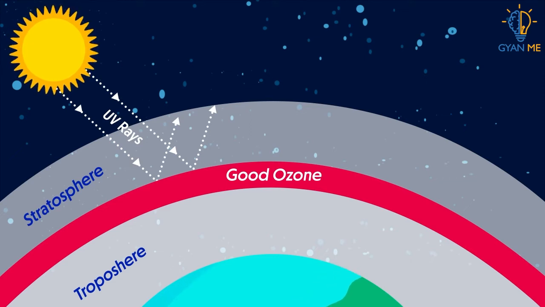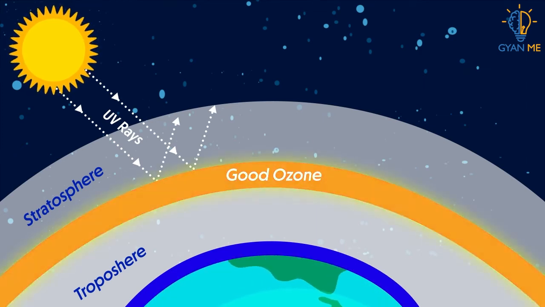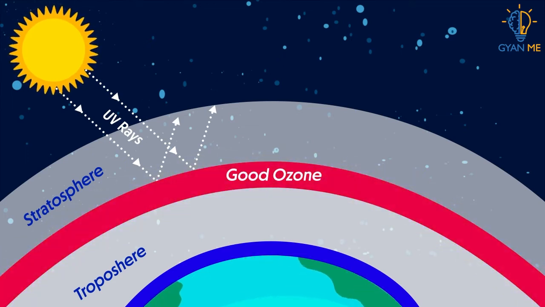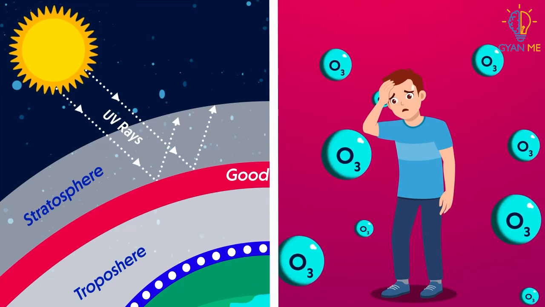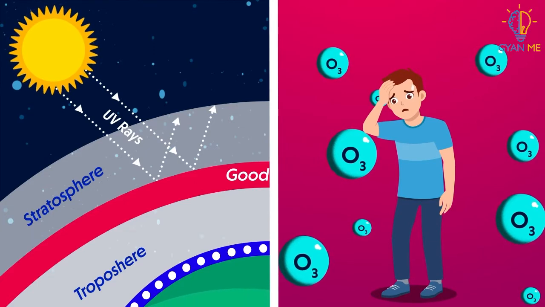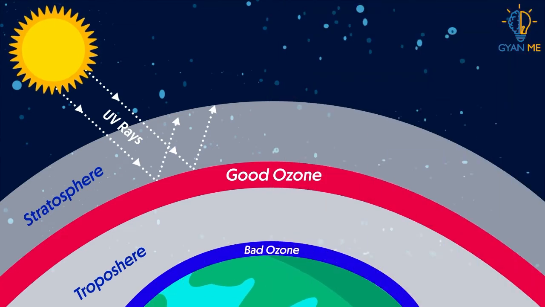But ozone present at ground level is different from stratospheric ozone, which is present in higher atmosphere, because ozone present at ground level is dangerous if inhaled by humans or any living organism, and thus it is also called bad ozone. It is also a key component of air pollution.